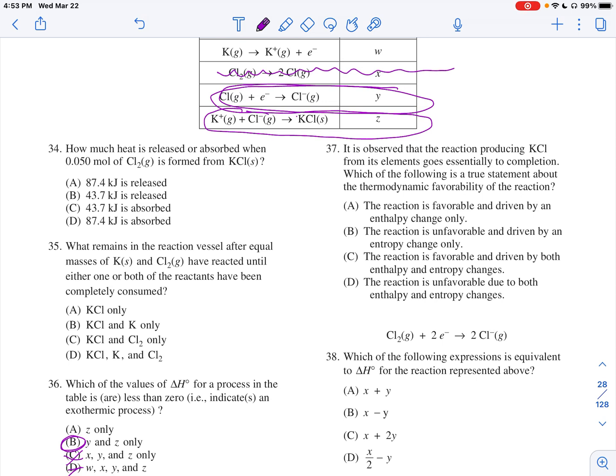When Cl is accepting an electron, you can think of it as Cl forming a bond with the electron, releases energy. When K is giving up an electron, it's breaking the bond with the electron, so it would absorb energy. So like I said, in first year, we didn't really get into that. Here, that's kind of how you should think about it. So if there was an option that included W, we would take that out because releasing an electron is kind of like breaking a bond. You can think of it that way.